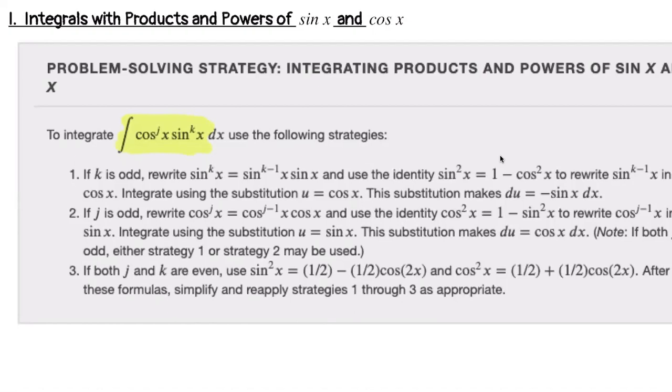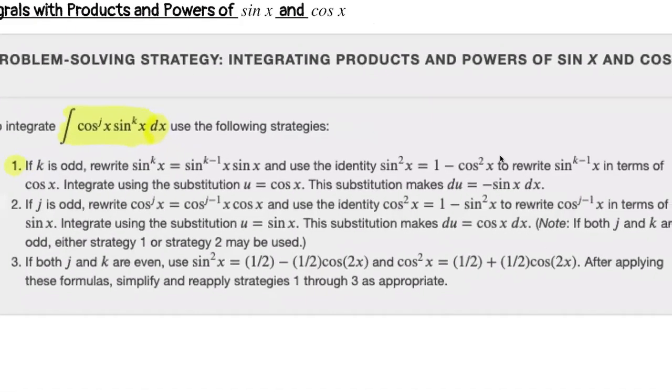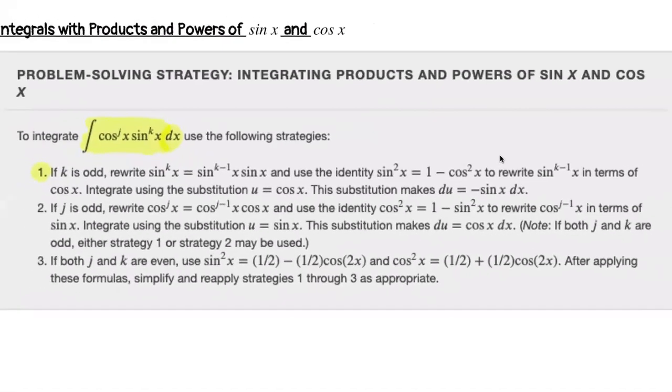This textbook has broken it down into 3 cases. The first case is if you end up with an odd power for sine, then we're going to use exactly what Alex mentioned earlier, which is to split it into 2 different sine expressions, use some substitutions, and ultimately get it to a point where we can use u-substitution.